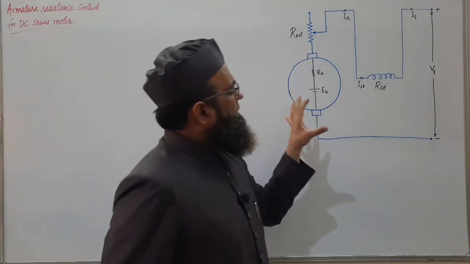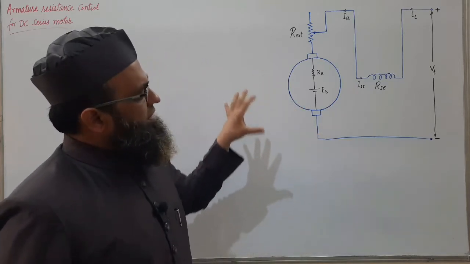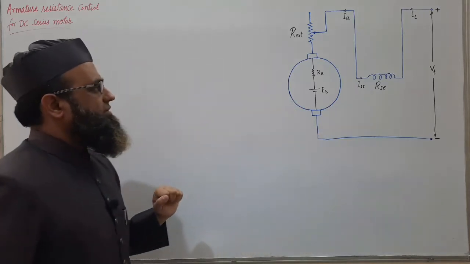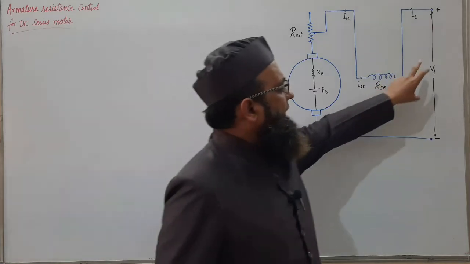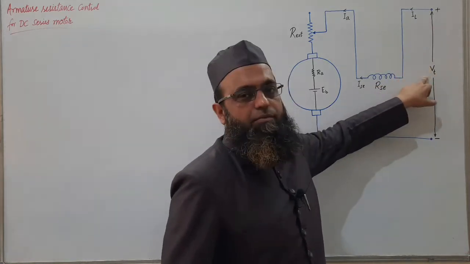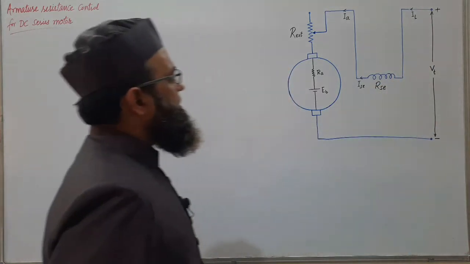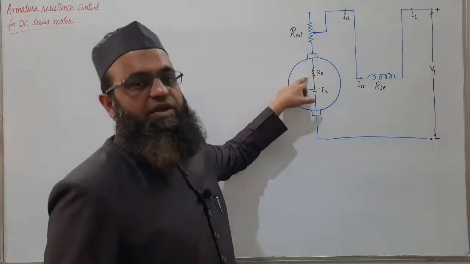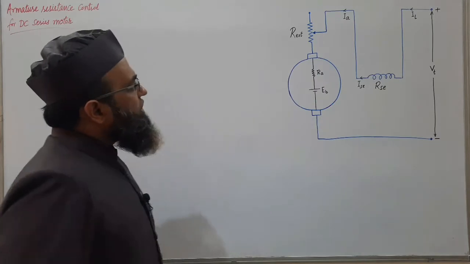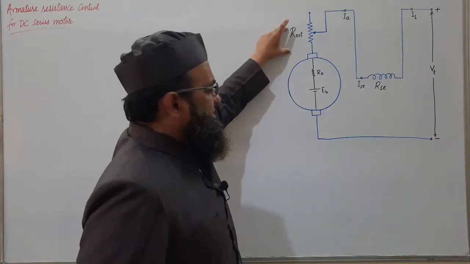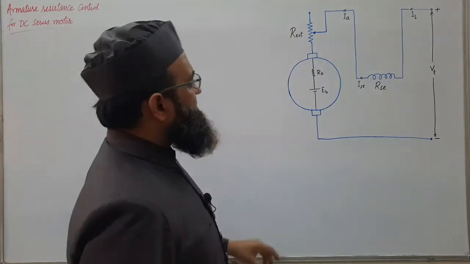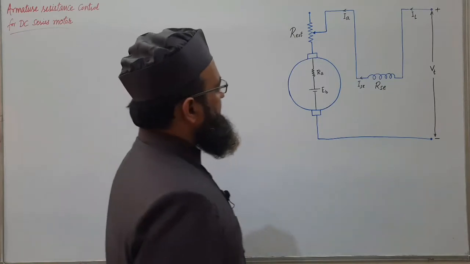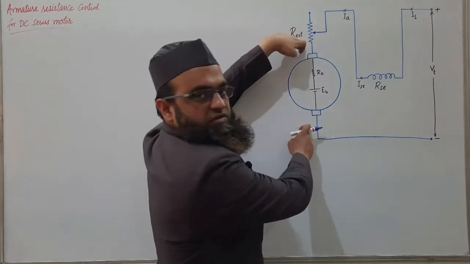So the main concept in this method of speed control is that for a fixed value of supply voltage Vt, terminal voltage, by adding Rext in series with armature circuit, the voltage drop across this Rext reduces the voltage across the armature terminals.